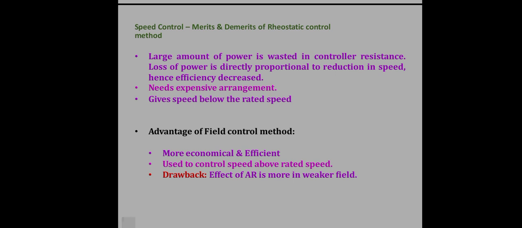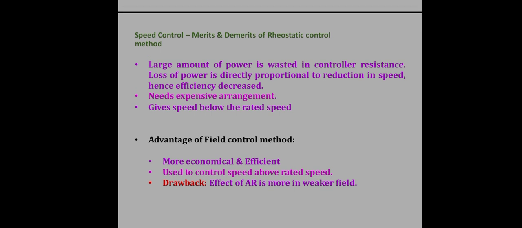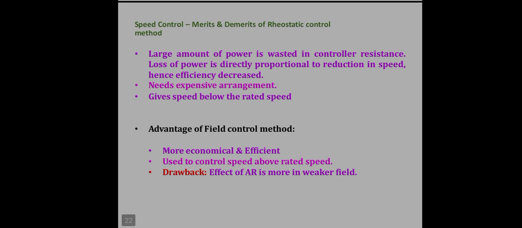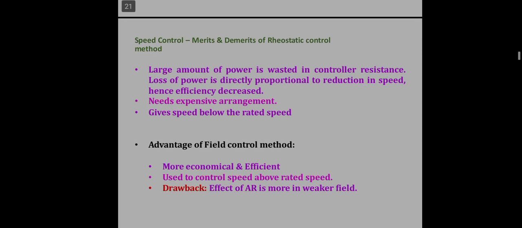In speed control methods, there are merits and demerits. For rheostatic control, a large amount of power is wasted in the control resistor. In rheostatic control, we are dissipating the power as heat through the rheostats.